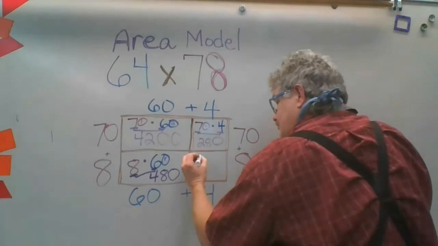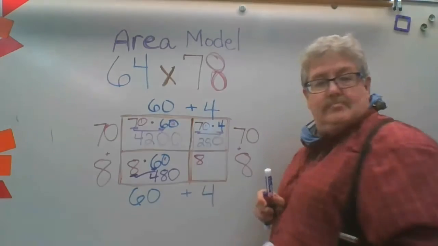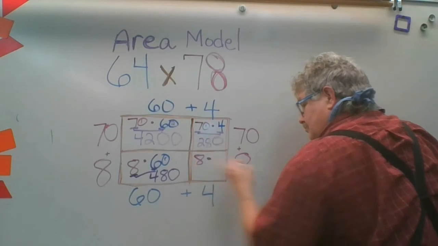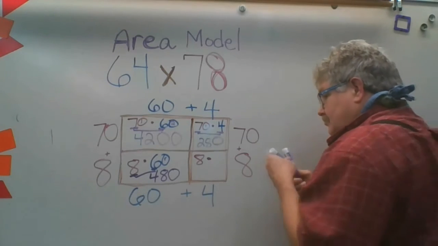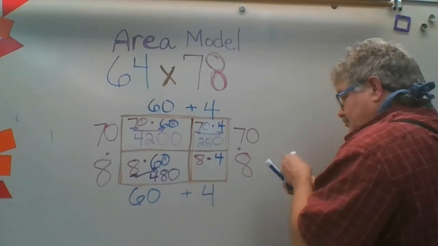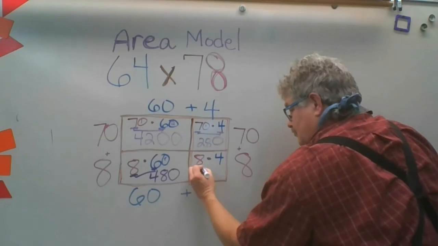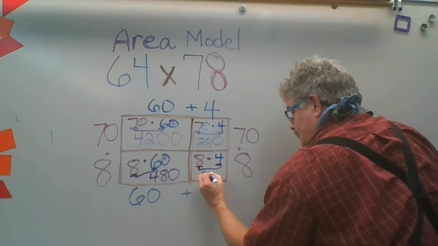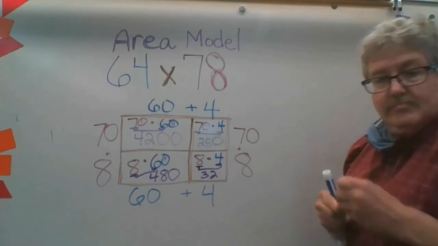You'll notice that I went with the burgundy number first all the time. It doesn't really matter. Really proud. It's consistent. That way I won't leave any numbers out or double up on anything. And 8 times 4 is 32. And of course, there are no zeros there.